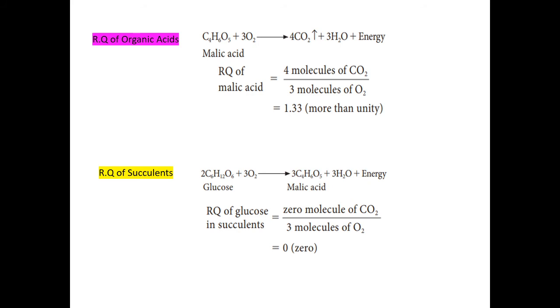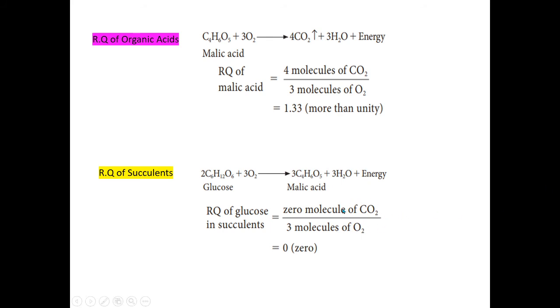So here, the members of cactus and Crassulaceae, when placed in darkness, show incomplete oxidation of carbohydrates. As a result of this, accumulation of organic acids like malic acid, citric acid, and oxalic acid takes place. During this process, oxygen is absorbed without the evolution of carbon dioxide.